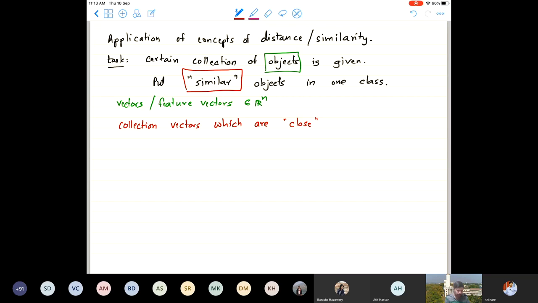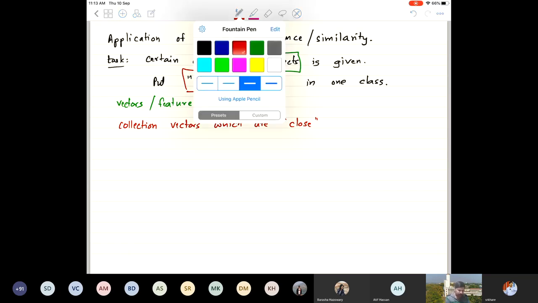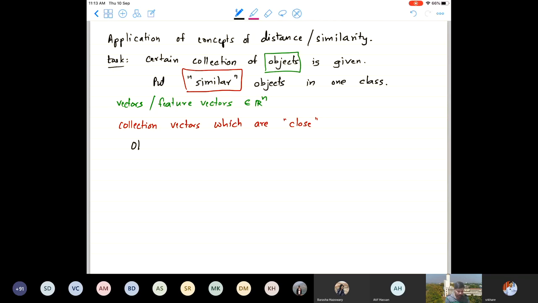So two important things we have to understand: whenever we say objects, for us in linear algebra, objects will be the same as vectors, and similarity will be quantified in terms of distance.